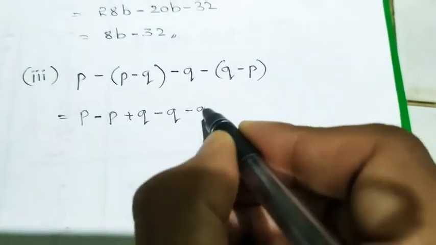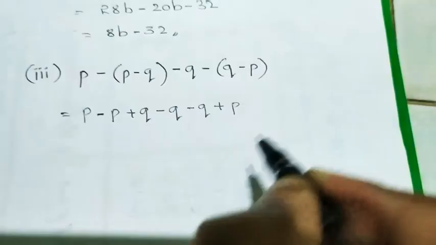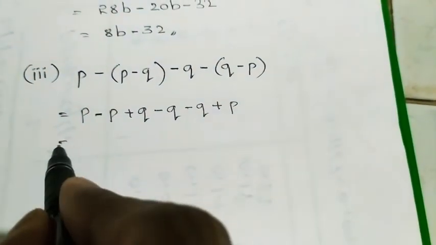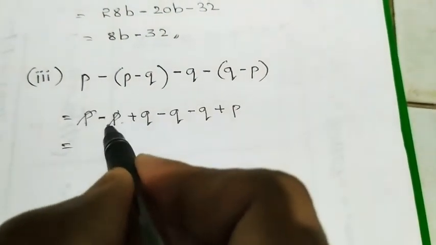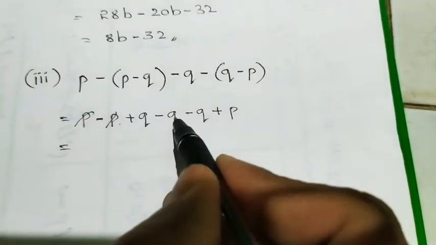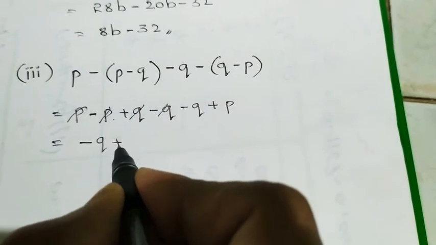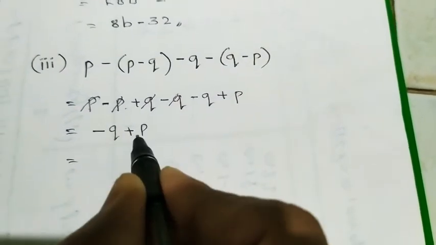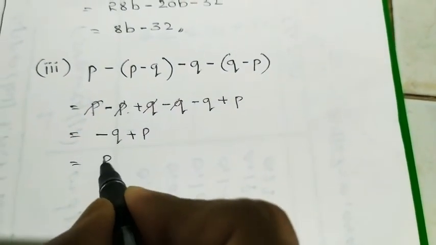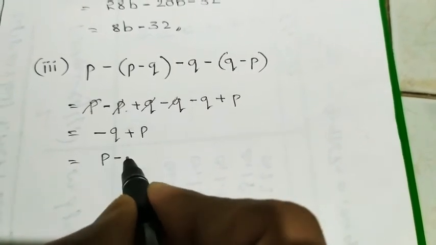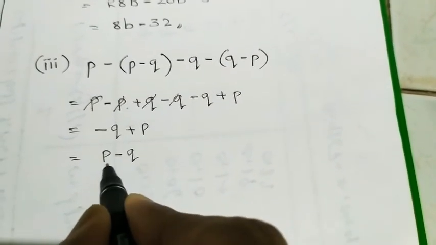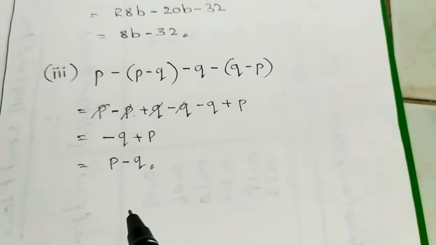Minus into minus is plus, that will be plus p. Okay, see here, p minus p gets cancelled, q minus q gets cancelled. What is left? Minus q plus p. Always write the positive first, so it will be p, next negative, that will be minus q. So p minus q is our answer.